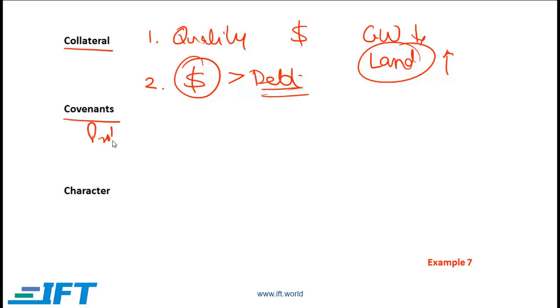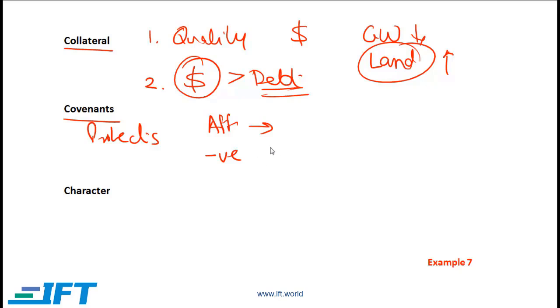Covenants are meant to protect investors while at the same time giving management the flexibility to run the company. Covenants can either be affirmative, which basically say that the company or the issuer has to do certain things, such as make coupon payments and principal payments on time, or covenants can be negative, which means that management cannot do certain things, such as take on additional debt.